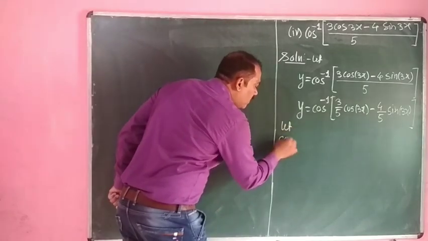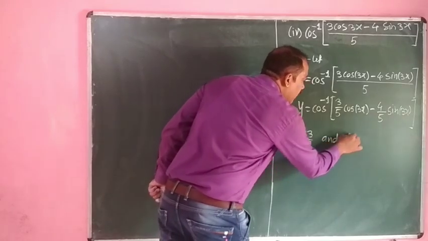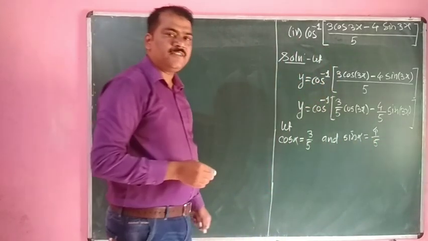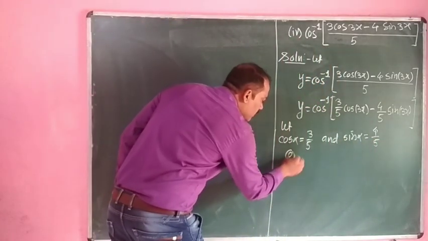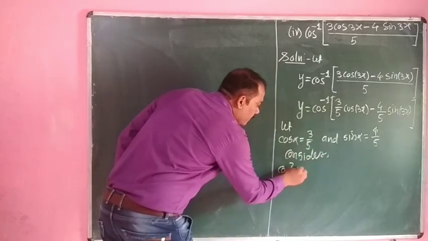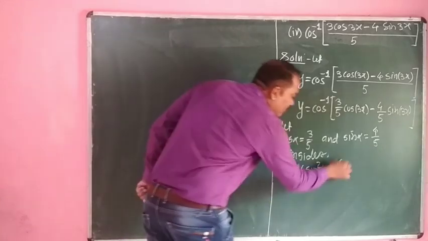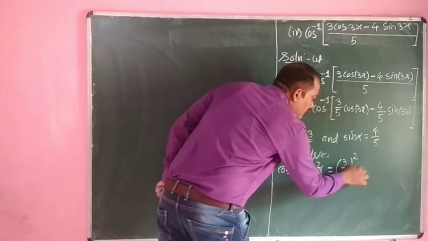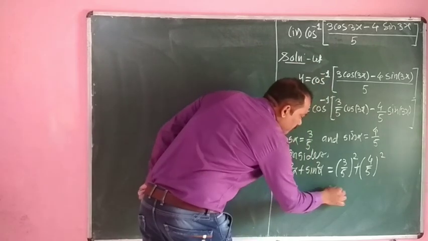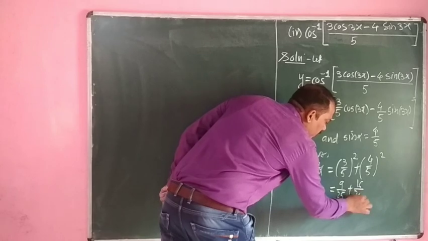Let cos alpha is equal to 3 by 5 and sin alpha is equal to 4 by 5. We have to identify the standard identities, so we consider cos square alpha plus sin square alpha is equal to cos alpha, which is 3 by 5, its square, plus sin alpha, which is 4 by 5, its square. 3 by 5 squared is 9 by 25 plus 16 by 25.